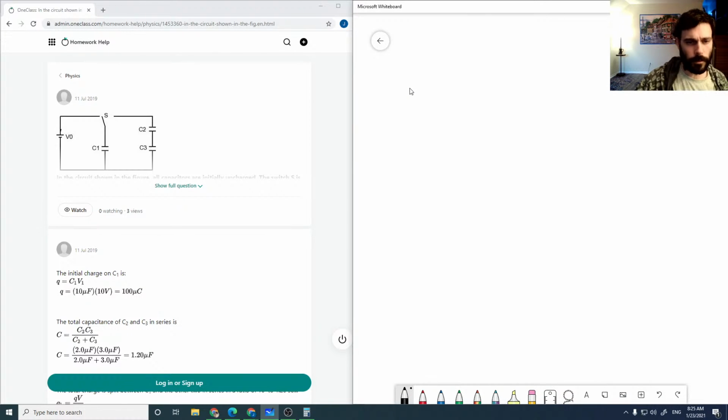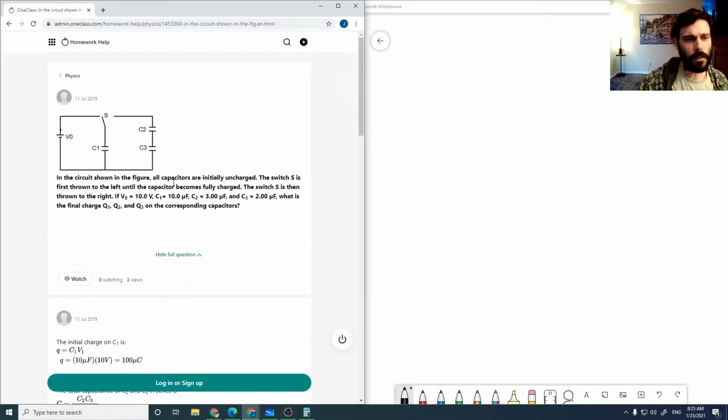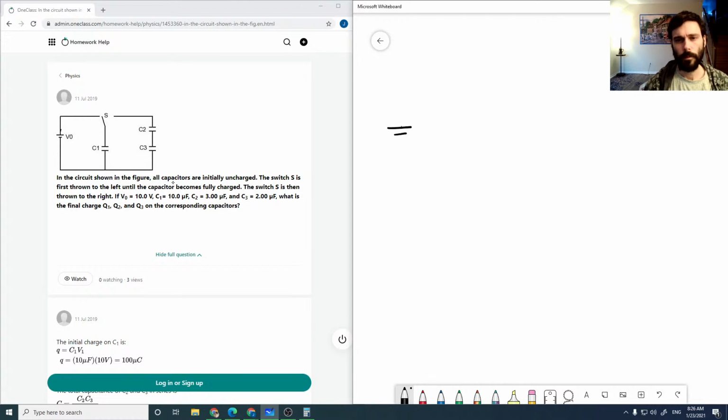All right, so we've got a capacitance circuit here, in which initially we've got this connected. So we're given that this is 10 volts. This guy is 10 microfarads.